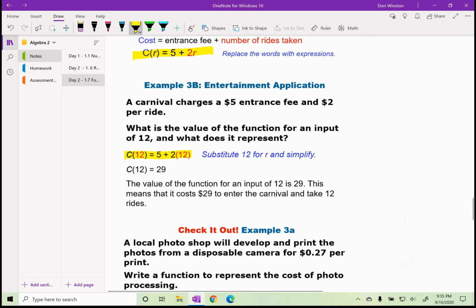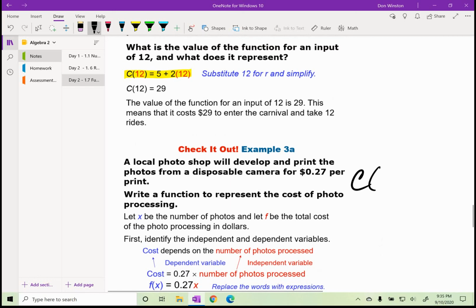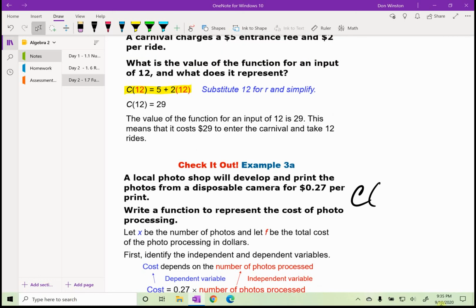$29. A local photo shop will develop and print the photos from a disposable camera for 27 cents per print. So the cost depends on the number of prints. I would use P for prints. The cost, C, depends on the number of prints, and we spend 27 cents per print.